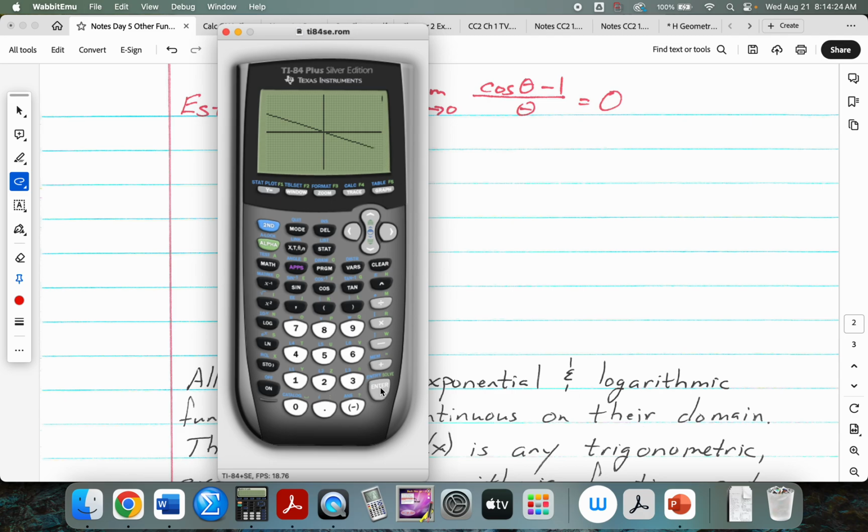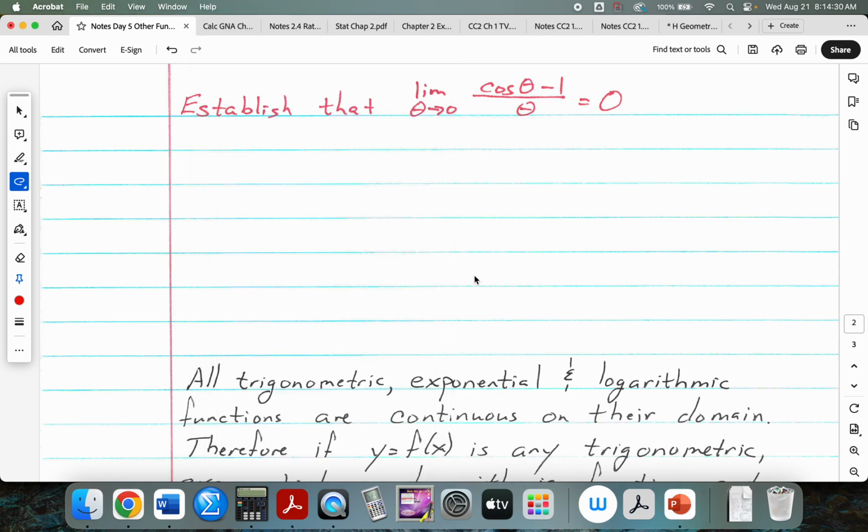And when it gets to the place that it just looks like a line, then you're probably good. Okay? This is another one that you should probably memorize. The other one is way more important, but this is a good thing to know. That the limit as theta approaches 0 of cosine of theta minus 1 over theta is equal to 0.